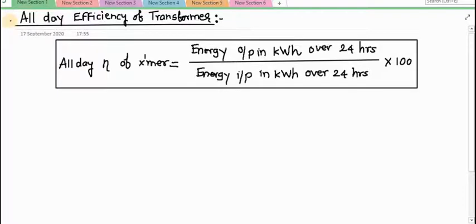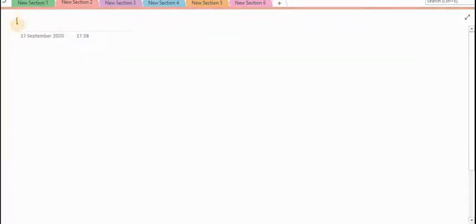Then after covering this concept of all-day efficiency, let us now study the methods of finding out the efficiency and regulation of the transformer. So just I will write down the heading here.